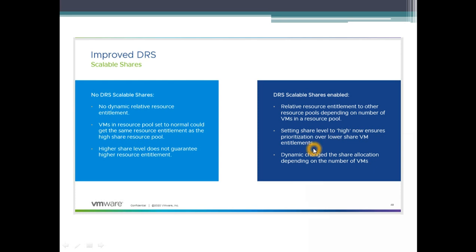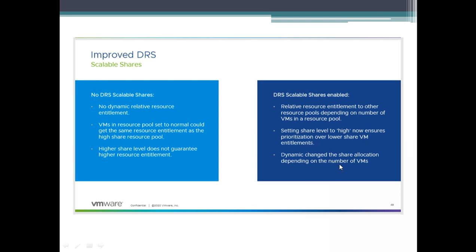So now if the share for the dev machines is given low, and the share for your production machines is given high, it prioritizes your production machines, and you get better performance for them.